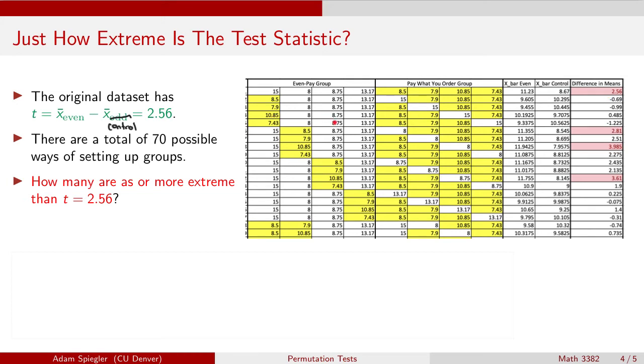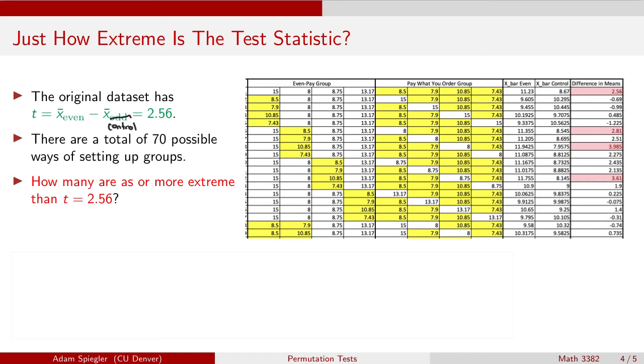Now we can go through and think about different ways that we could reshuffle. What if we switched this person and this person? Here's another distinct way of setting up those groups. Here's what that difference would be. Look, this difference is not more extreme than ours. In our case, a more extreme difference would be any difference which is more positive than 2.56.